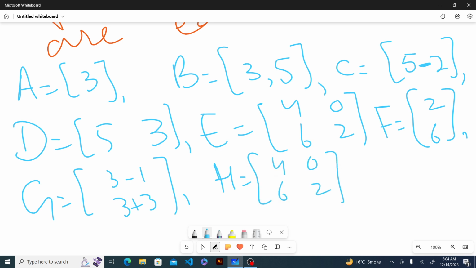Then matrix I is equal to [3, 3 plus 2], 2 elements, one is 3 and then 3 plus 2 means 5.